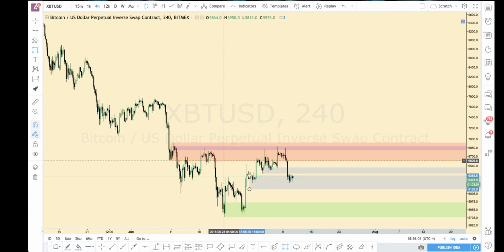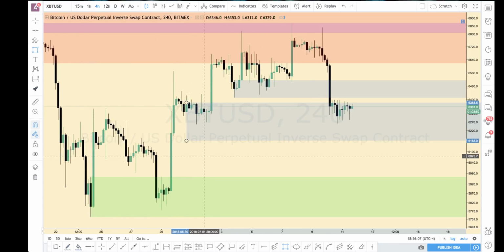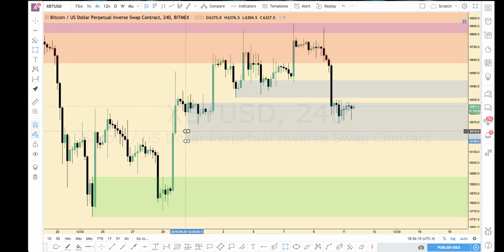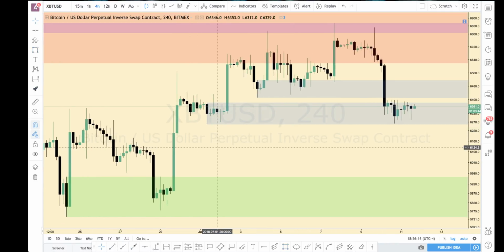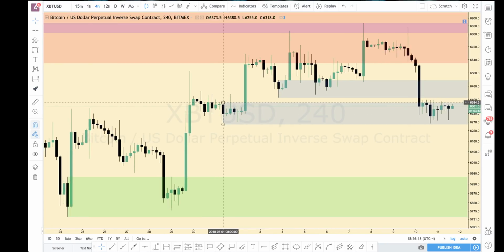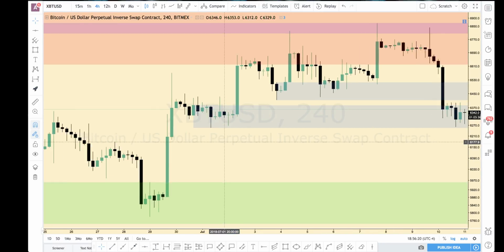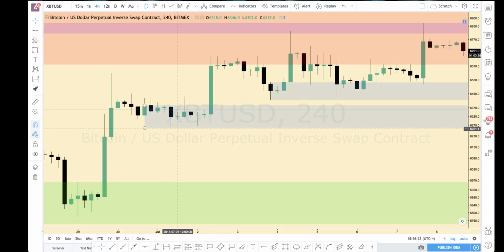Now my methodology here isn't going to be a single down candle before an up move, even though that's generally how I like to do it. But what I'm going to do is take the lowest wick opposite of the dominant move. And as you can see, the dominant move in this case was this candle right here.